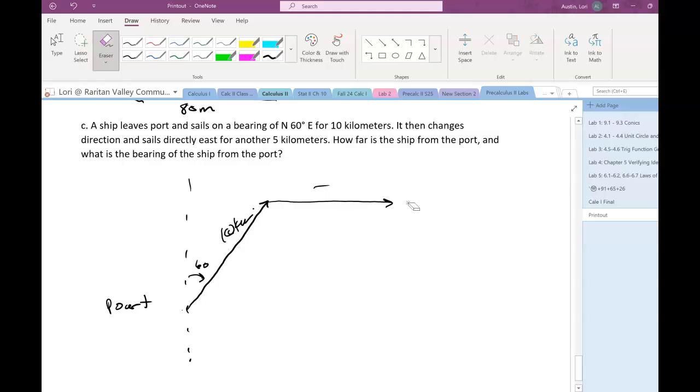Obviously, that's much shorter. It'll be half of what it did before. How far is the ship from port, and what is the bearing of the ship from port?